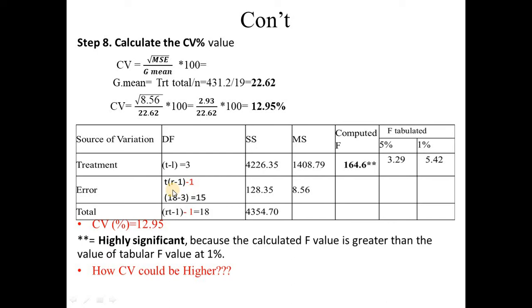Therefore t is 4, times r which is 5, so 4 times 5 is 20, minus 4 times 1, which is 4.